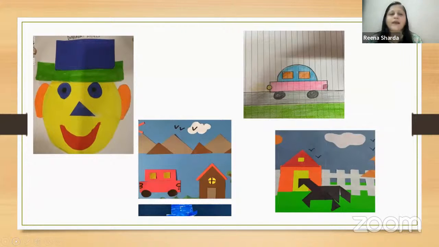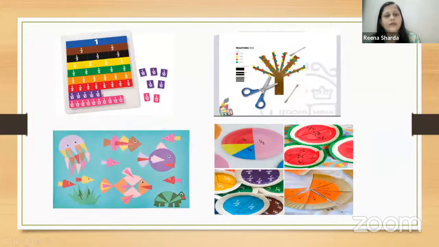Now, different shapes can be taught to them through art, drawing and craft work. We can ask them to draw different pictures, and we can teach them different shapes, like how many triangles are there in this figure, how many circles are there, right? So we can ask them to draw it, and we can teach them.